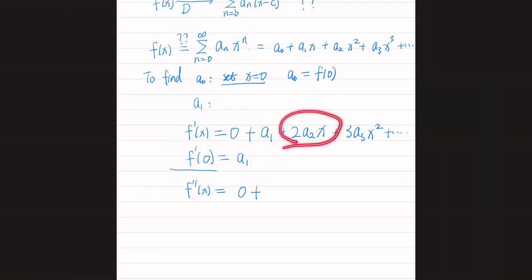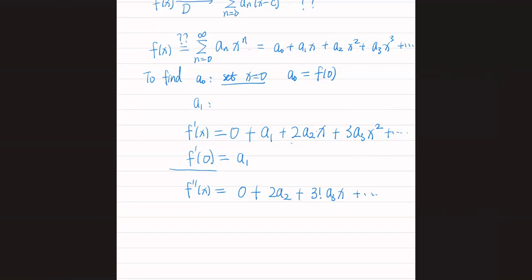If we take a derivative, what we get? 2a2. And if we take a derivative, what do we get? 6a3x. That's correct, but I'm going to use 3 factorial a3x.